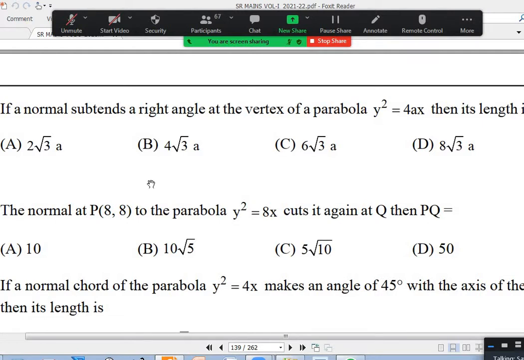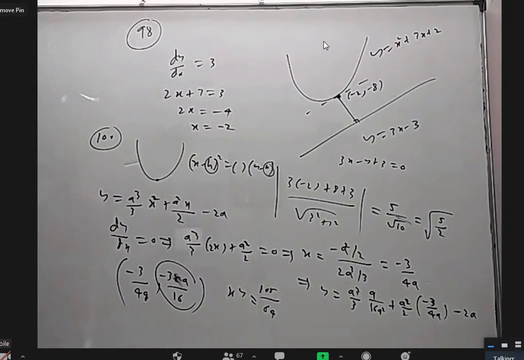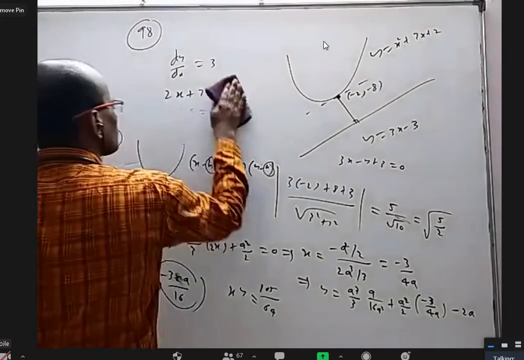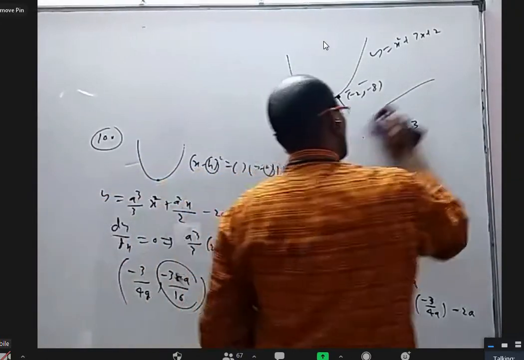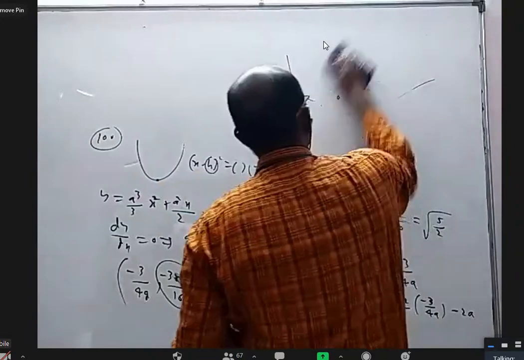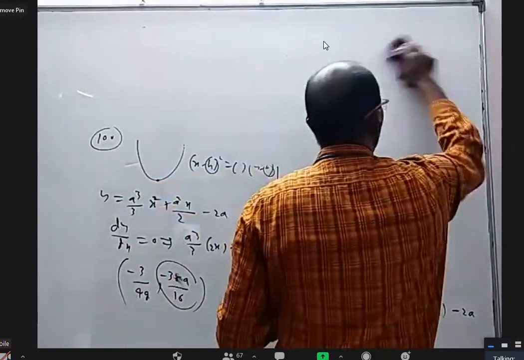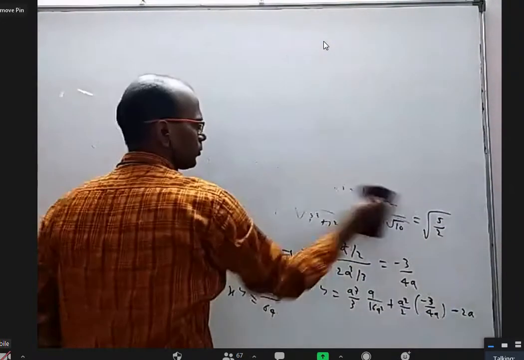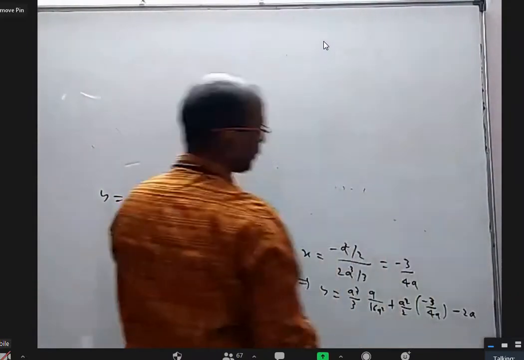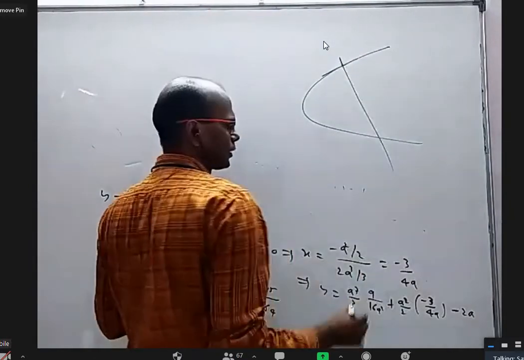If a normal subtends right angle at the vertex. Okay, we have a parabola and we draw the normal there.